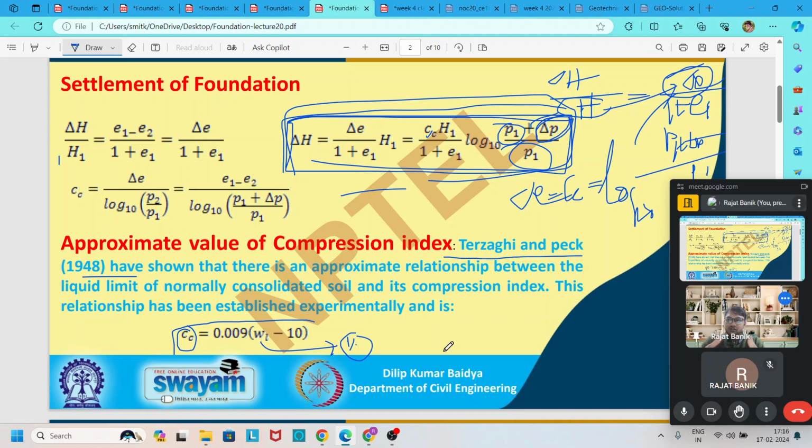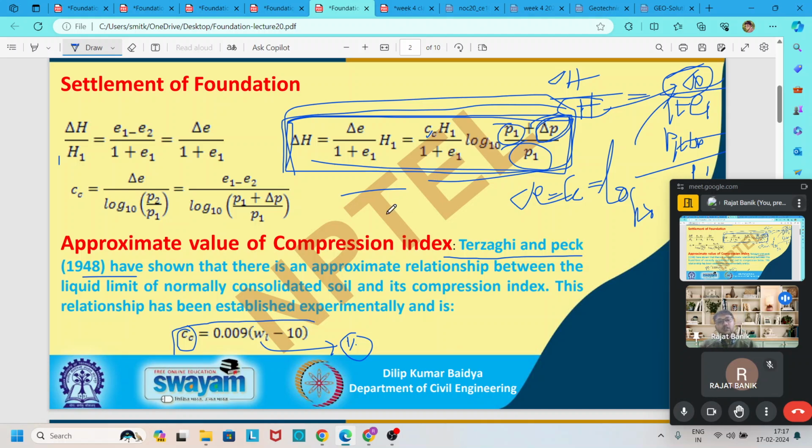Due to the construction, the foundation takes some loads, and these loads are transferred to the soil through the columns and foundation system. This extra pressure is the main reason to cause the change of the thickness of the layer, which is nothing but the settlement.